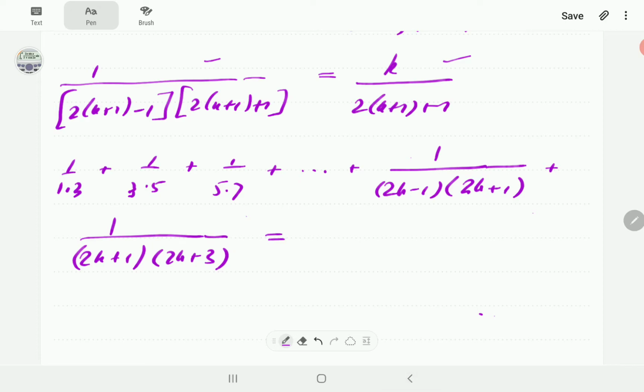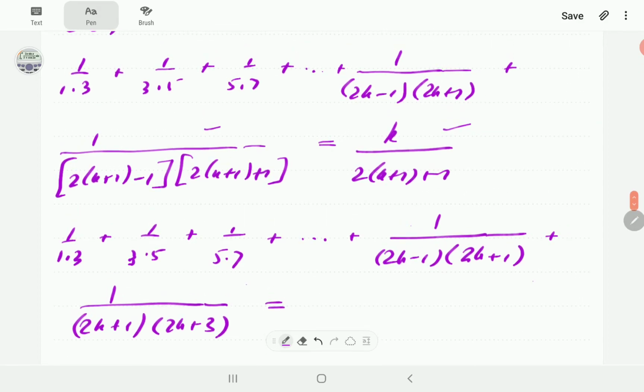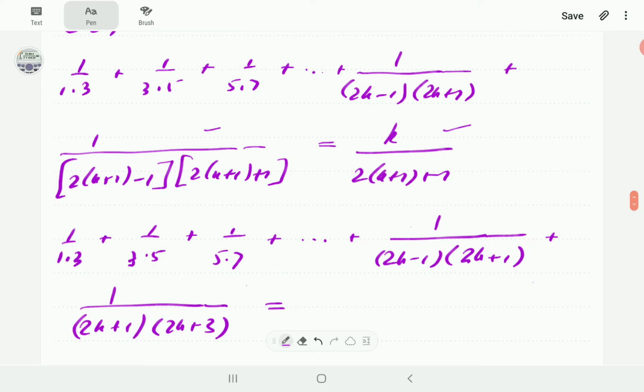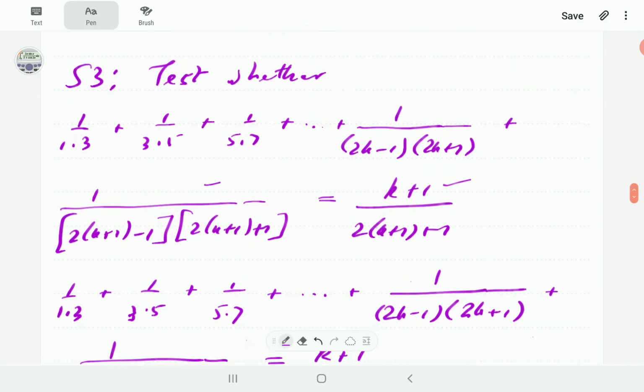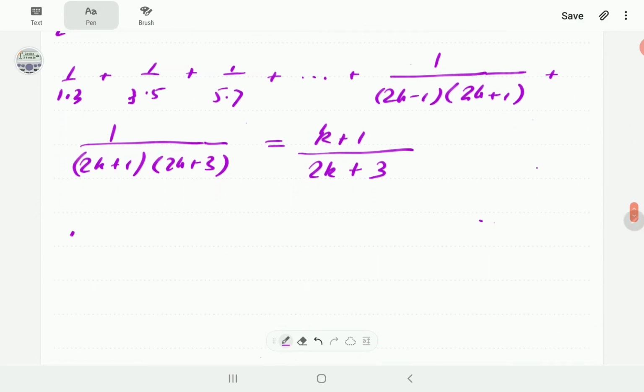On the right hand side, k plus 1 in the numerator, denominator 2k plus 2 plus 1, so it's going to be 2k plus 3. So I want to test whether this is going to be true.